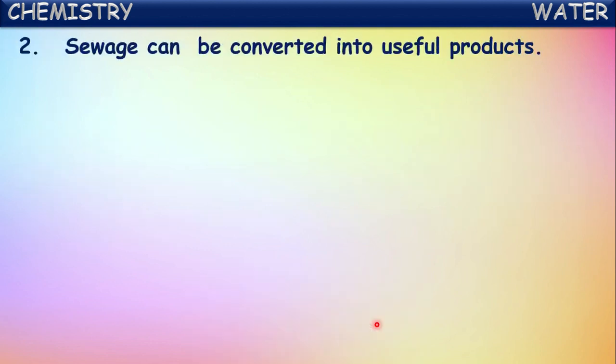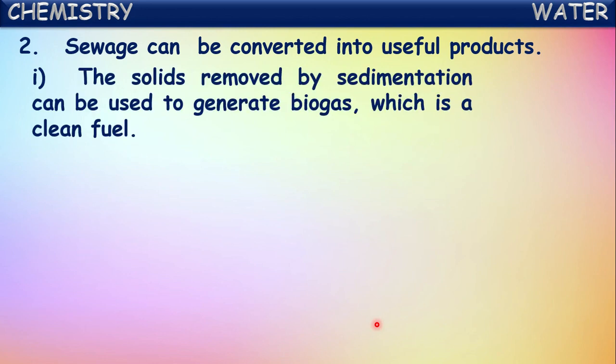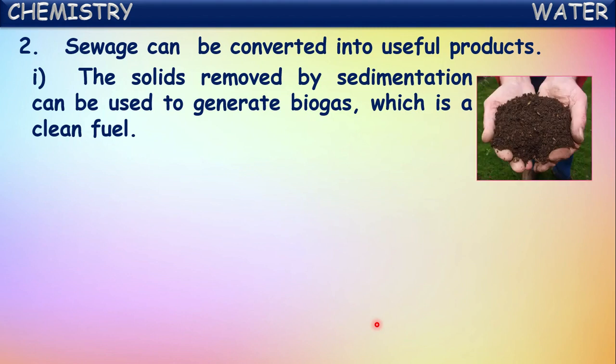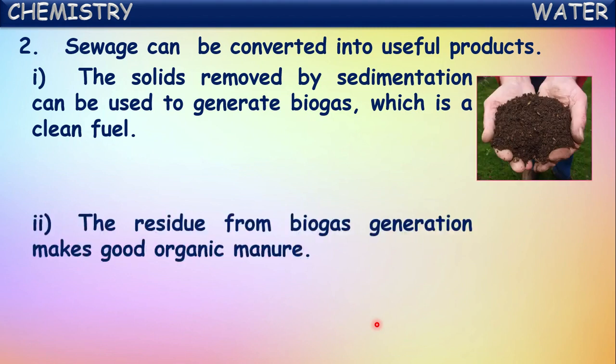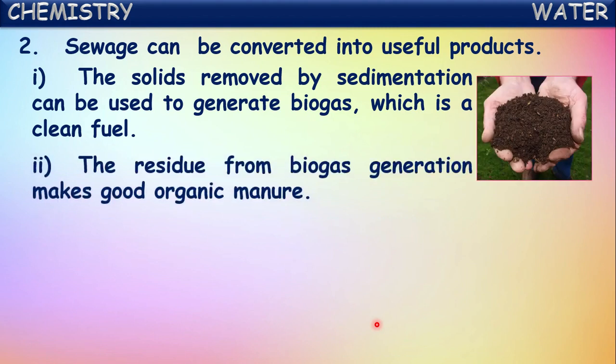One more, sewage can be converted into useful products. That is, the solids removed by sedimentation can be used to generate biogas, which is a clean fuel. The residue from biogas generation makes good organic manure. So, in wastewater treatment, certain solid waste will be removed by a process called sedimentation.